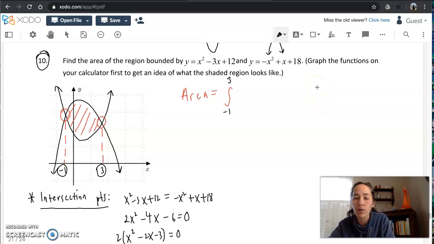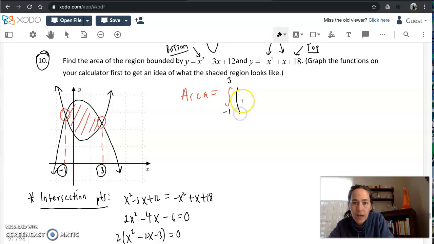And here I'm going to do it all in one integral because it's fine to do that as long as we're integrating it from negative 1 to 3. It looks like the top function is actually the upside down parabola. I'm going to call this expression bounding the region from the top, and this other expression is going to bound the same exact region from the bottom.